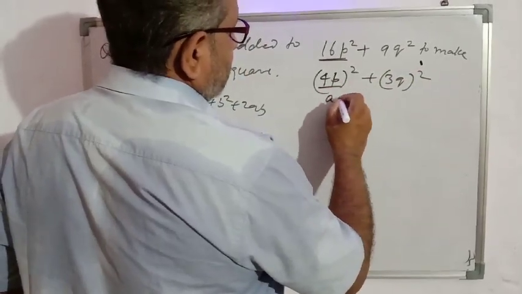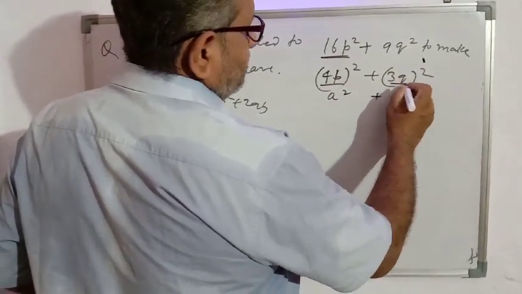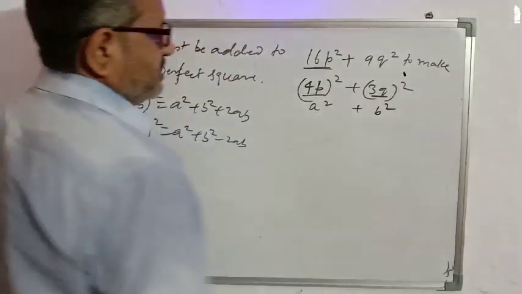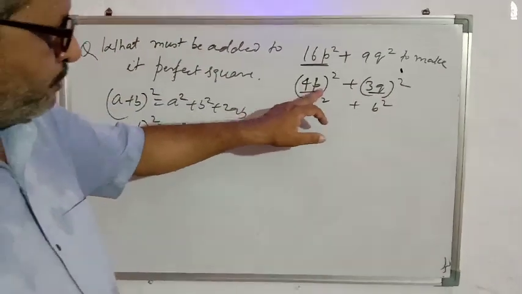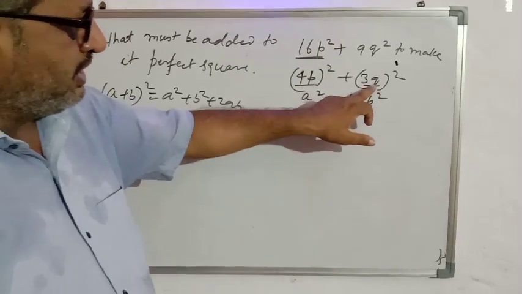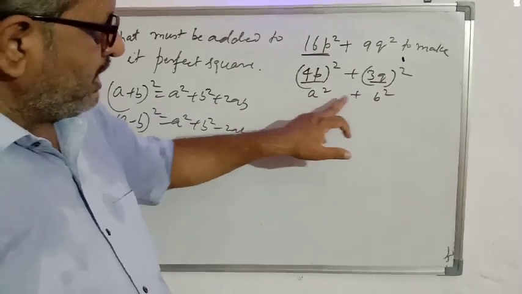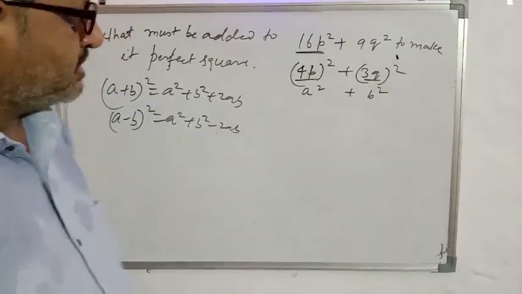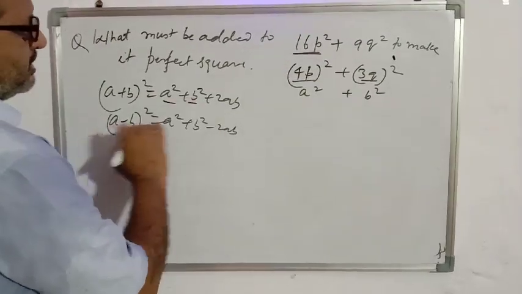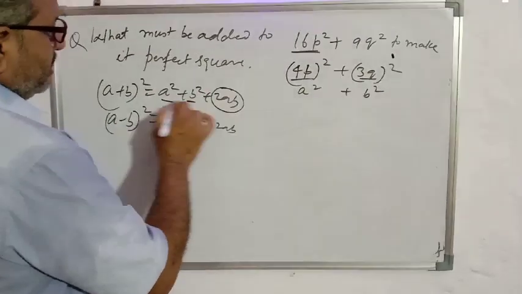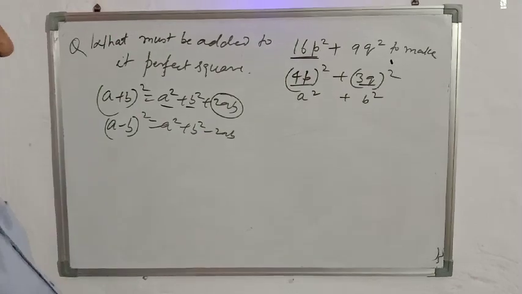It means a square is given and 3q suppose b, so b square is given. Suppose 4p is a and 3q is b, so a square plus b square is given. We want 2ab to make it a perfect square.